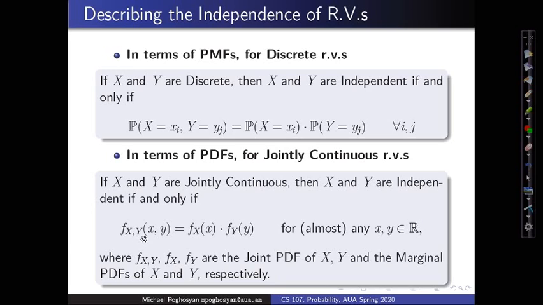So f_XY(x,y) is the joint PDF of our random vector (X,Y), f_X(x) is the marginal PDF for X at the point x, and this is the marginal PDF for Y at the point y. This needs to hold for almost any x and y in R. If this holds, then X and Y are independent. If they are independent, then this holds.